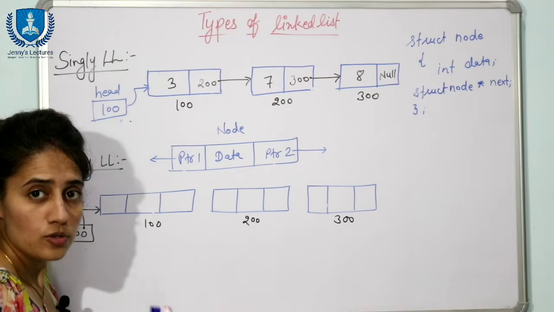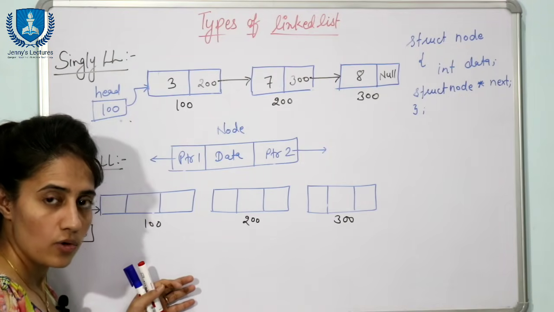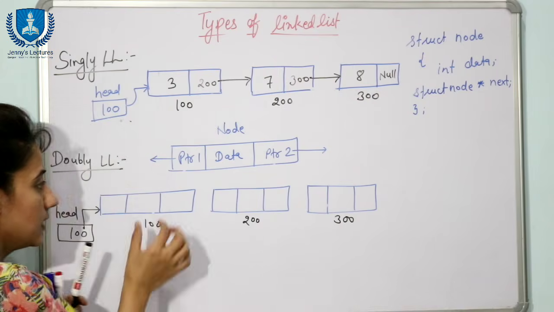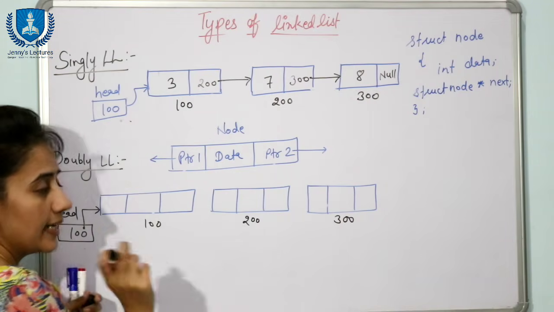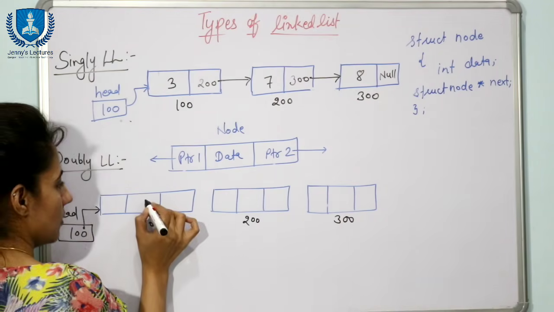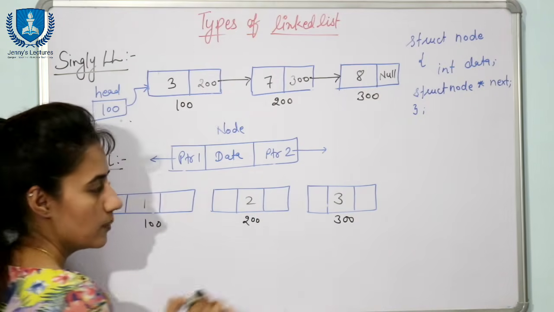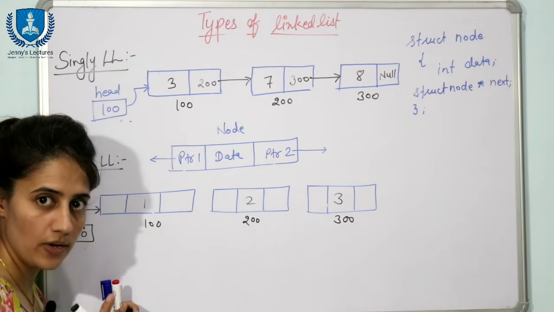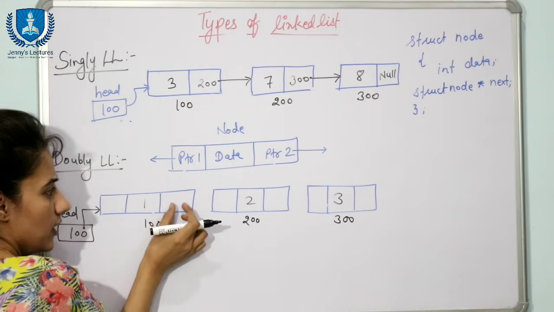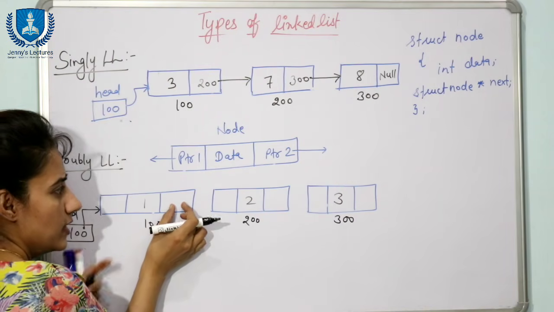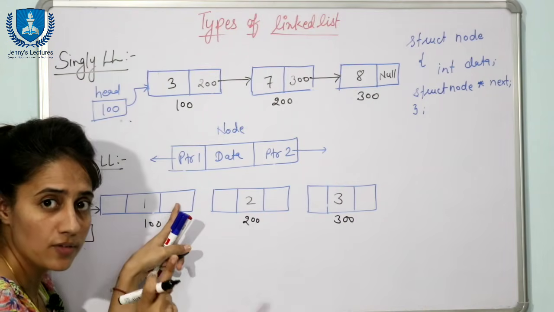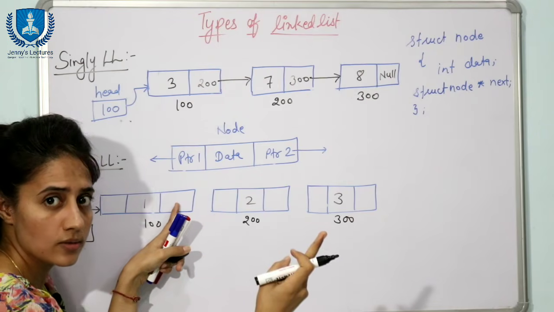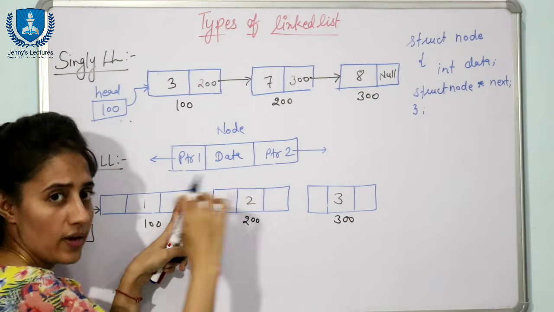So suppose in this case also we have 3 nodes in the doubly linked list. 3 parts would be there, and the data parts suppose contain the integer values 1, 2 and 3. Now this pointer contains the address of the next node in the list, in the sequence of elements.